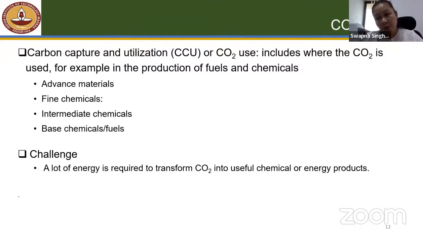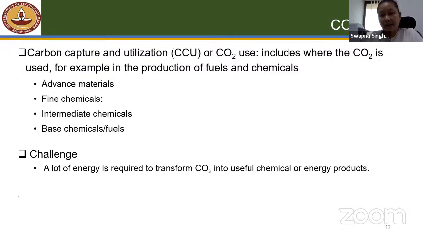We have to figure out what the balance is, what the product is, and what the market value of the product is. Based on that, we have to work on CO2 utilization, and a lot of work is going on to make value added products using CO2.